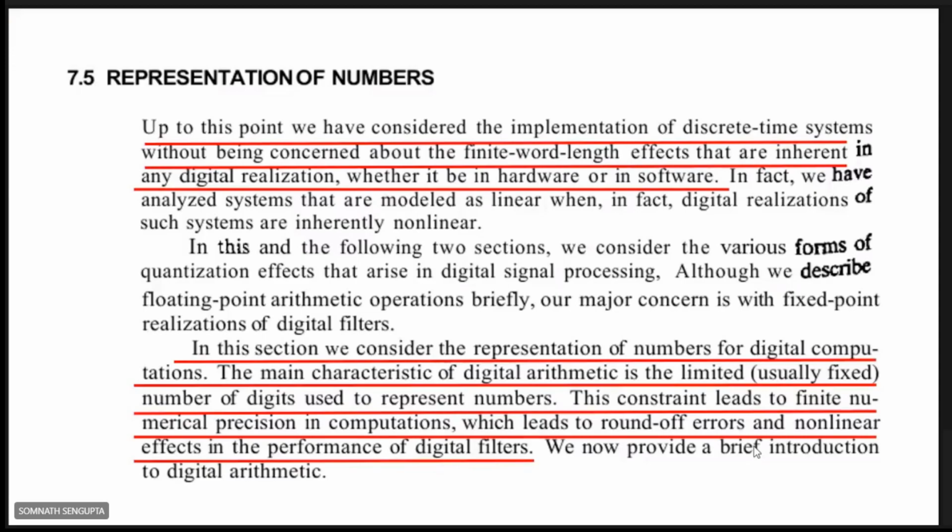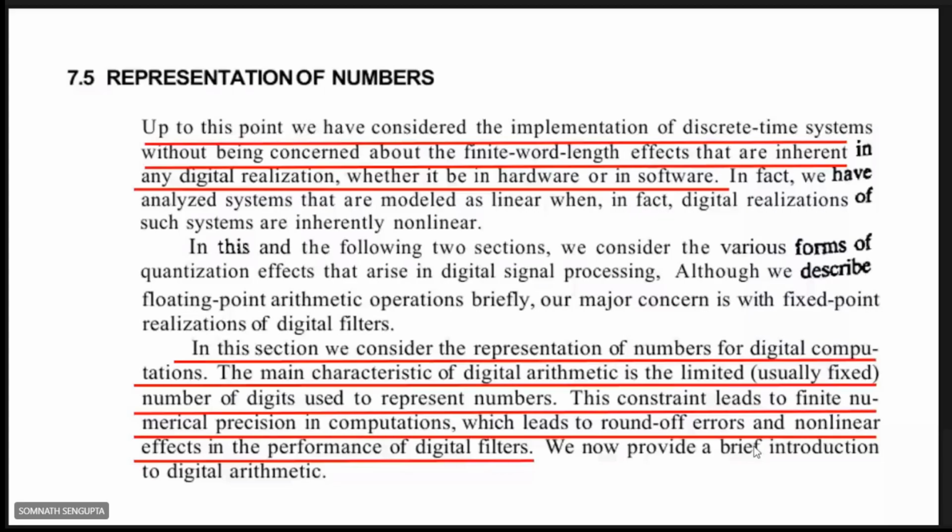It may be binary numbers, and you know that it is a fraction. The filter coefficients are generally fractional numbers. So how we represent those fractions in some particular number system. Okay. So here we will go through some brief discussion about this, because you have some bit of idea about this. Okay.